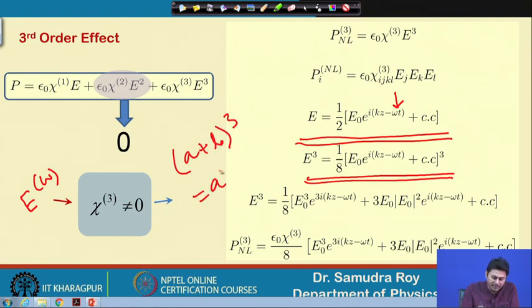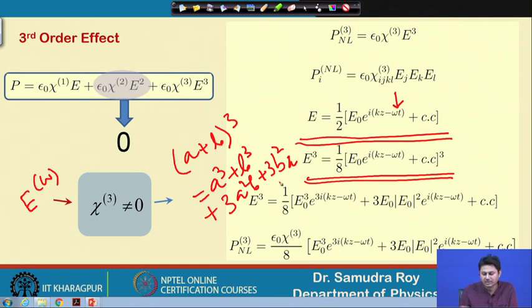So, I will have an a cube term, a b cube term, and 3 a square b plus 3 b square a. These kinds of terms will be there.